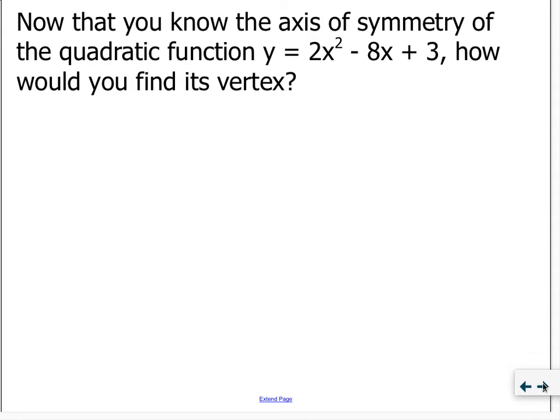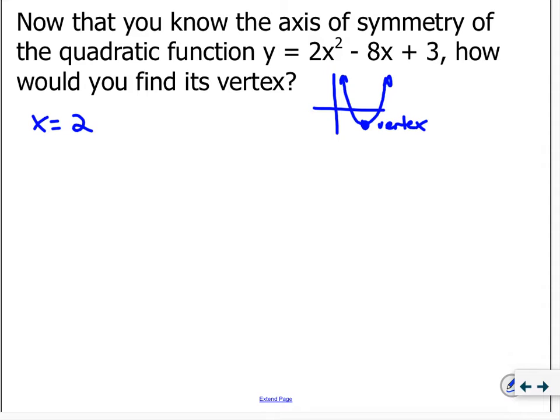And let's think for a minute about this now. We know the axis of symmetry is the line x equals 2. This is the equation we just did before. So now if we know the axis of symmetry from before, which was x equals 2, let's think about how we would find its vertex. Because the vertex of the parabola is the turning point. Remember, the vertex of a parabola, if our parabola goes something like this, that's the vertex point right there.